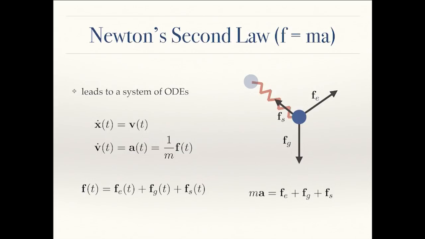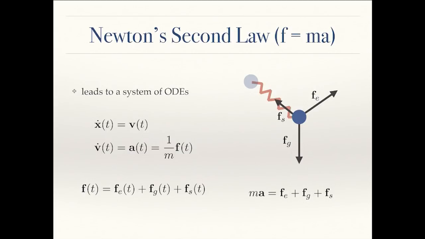So the way that Newton's second law is applied is that we have some body or particle, like what's shown here in blue, and we characterize all of the forces acting on the particle. So when using Newton's law, we have to have a model of all forces acting on the particle to get the right dynamics. And in this example, we have 3 different forces acting on the particle: a gravitational force pointing straight down, Fg, a spring force, and some other external force, Fe.